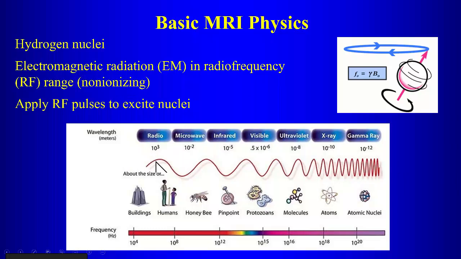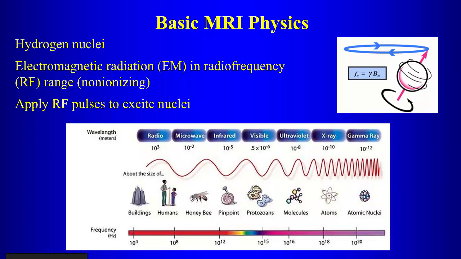So those are very large wavelengths, and so they have less energy compared to what we use for diagnostic imaging way over here, which has a very short wavelength and is much higher in energy. So this is ionizing radiation, and when we're dealing with MRI, it is non-ionizing radiation.